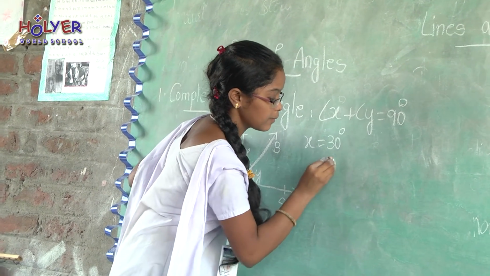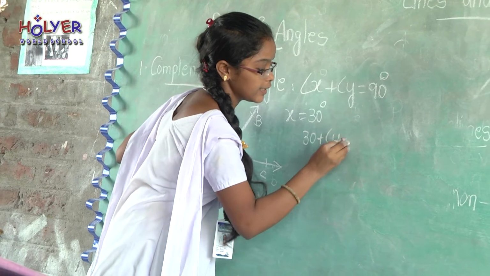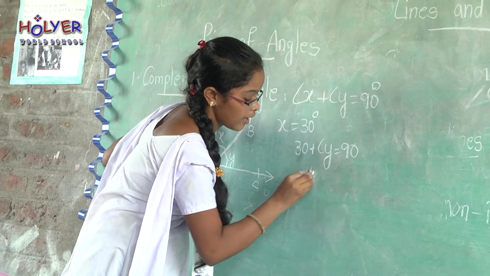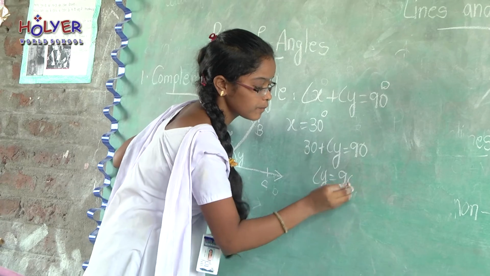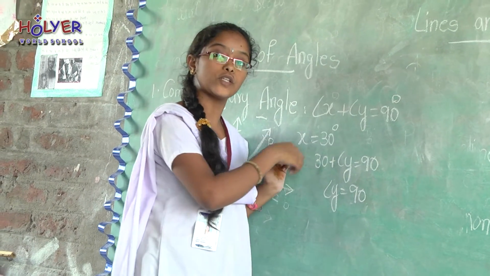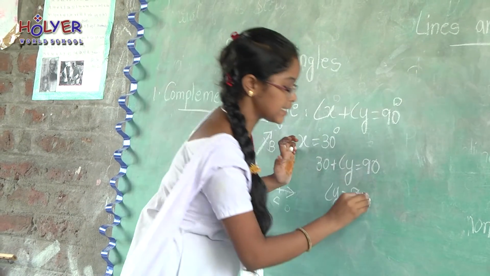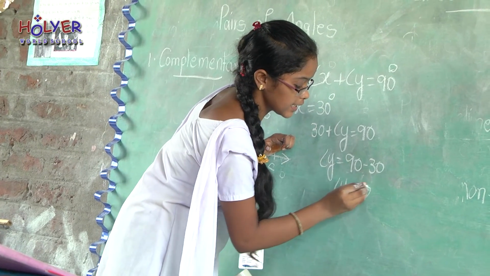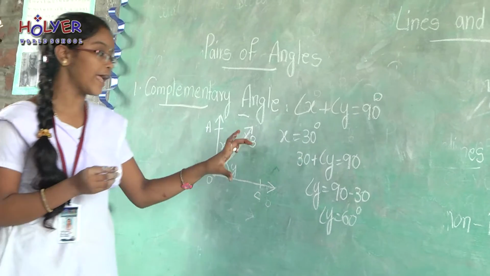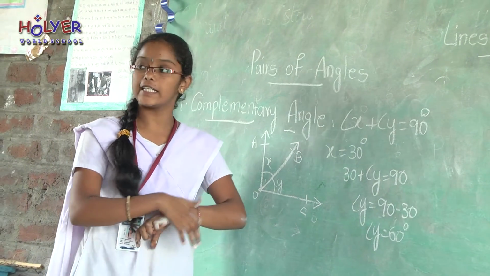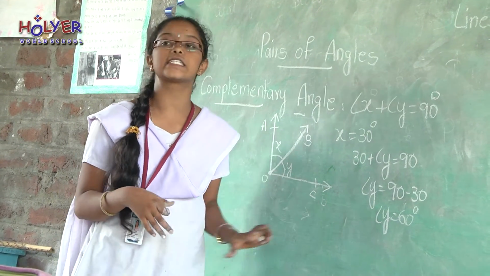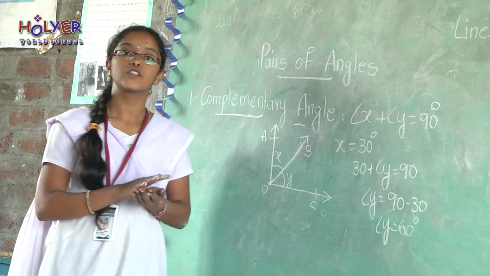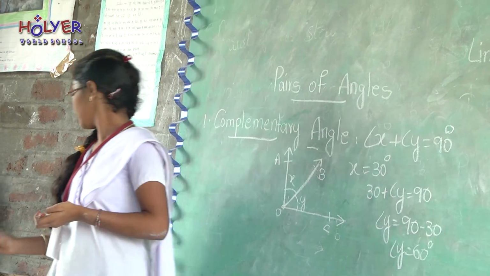Angle x 30 plus angle y equals 90. Angle y equals 90 minus 30, transferring 30 to the RHS it becomes minus 30. Angle y equals 60 degrees. So we got the two values, angle x equals 30 degrees and angle y equals 60 degrees. Their sum is 90, so they are called complementary angles.